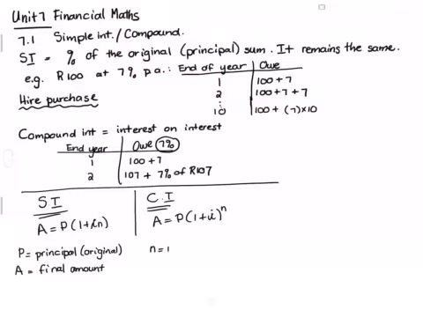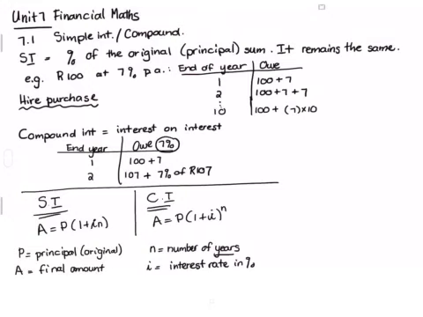N is the number of years. And I is your interest rate in percentage.